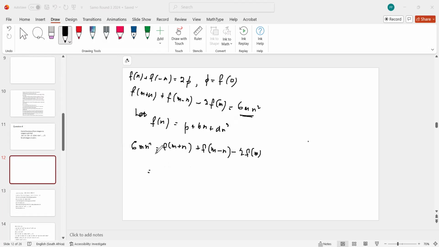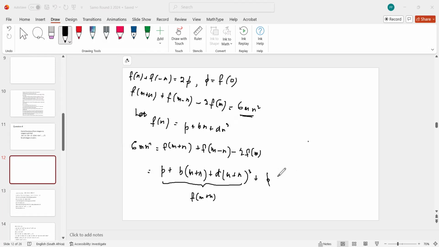Now, f of m plus n is p plus b, the n now is replaced by m plus n. I got a cube here, so this is d times m plus n all cubed. Now, this part here is f of m plus n. I'm going to add to that f of m minus n.